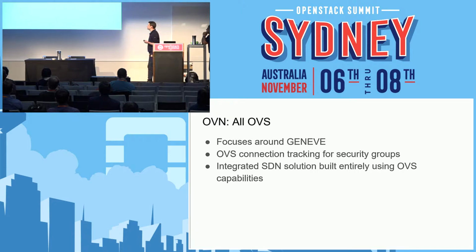It focuses on a different tunneling overlay called Geneve, which doesn't have quite such the same level of support within the network cards as VLANs or VXLANs, and that comes through at the moment, but it has great potential as being a new, sort of more flexible, more extensible way of doing very powerful SDN capabilities.